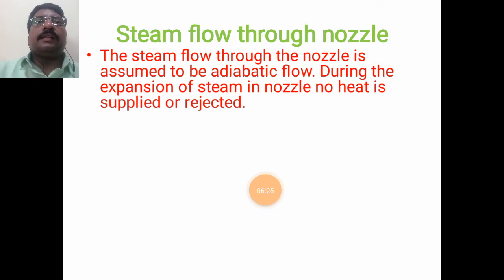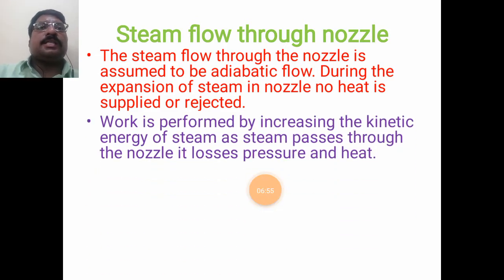So here the expansion in the steam nozzle is assumed to be adiabatic expansion, and during expansion, no heat energy is supplied or rejected. So the steam flow through the nozzle is assumed to be adiabatic flow. During the expansion of the steam in the nozzle, no heat is supplied or rejected.